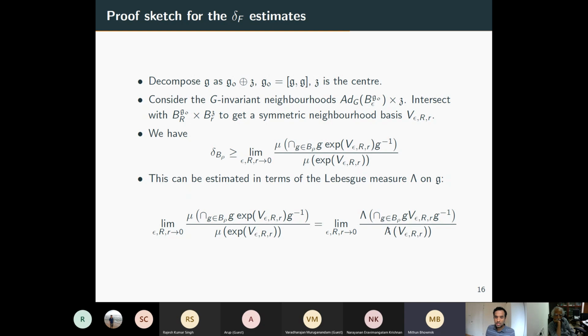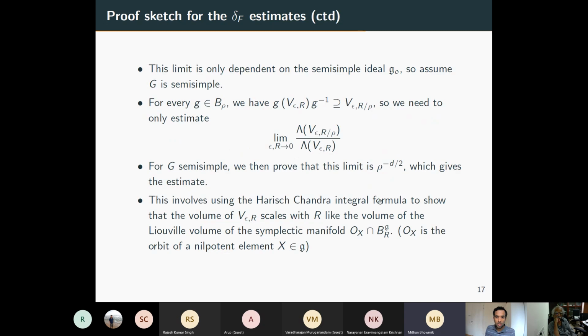And this is nice because now the Lebesgue measure is of course much easier to work with. And so we can show that this limit in terms of this Lebesgue measure really depends only on the semi-simple ideal. So we may assume that the center is 0, or in other words that the group itself is semi-simple.